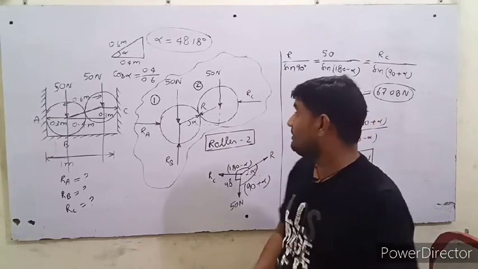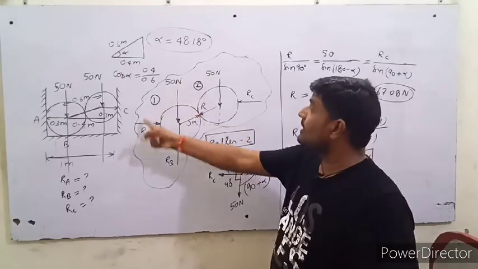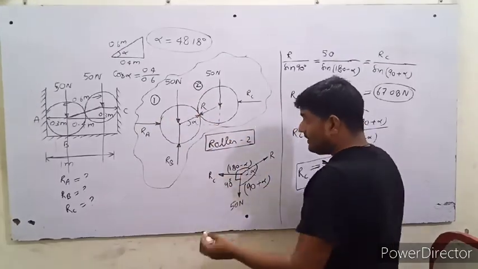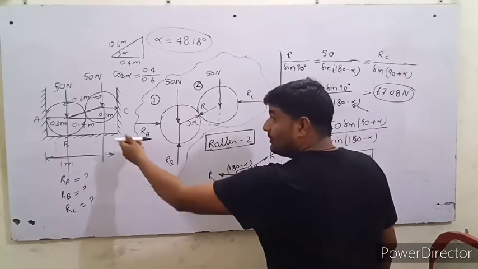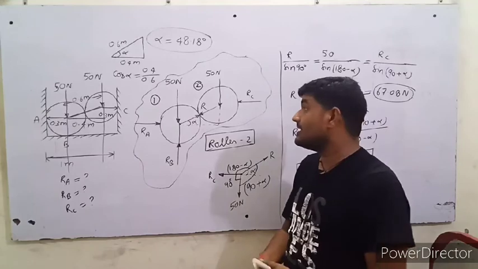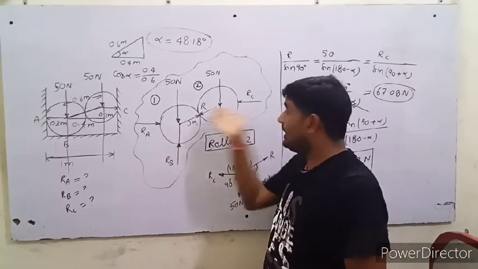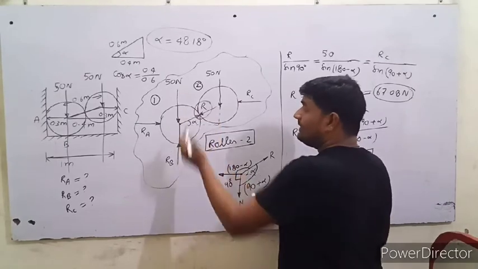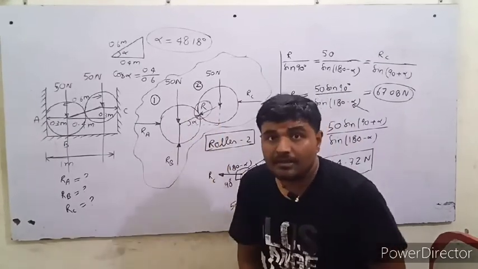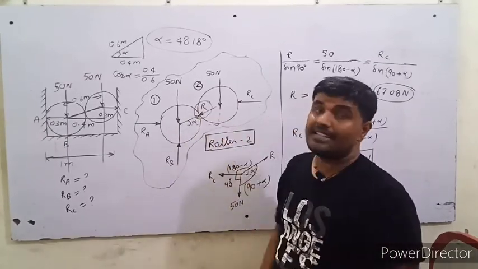of whole system. If I consider the equilibrium of whole system, then if I use horizontal zero, horizontal means RA, RC. This R, if I take the equilibrium of whole system, this R will cancel out.